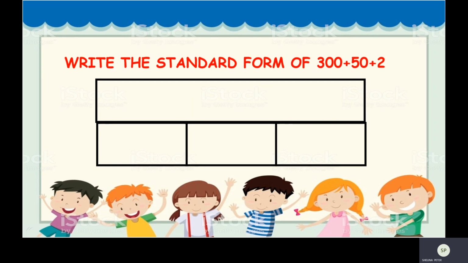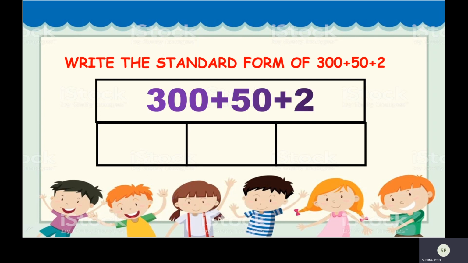Now here you have to write the standard form of the number 300 plus 50 plus 2. So we have already got one expanded form. We have to write the standard form of this number. So tell me girls, now what will come in this place? Ones place. Look at this number carefully.